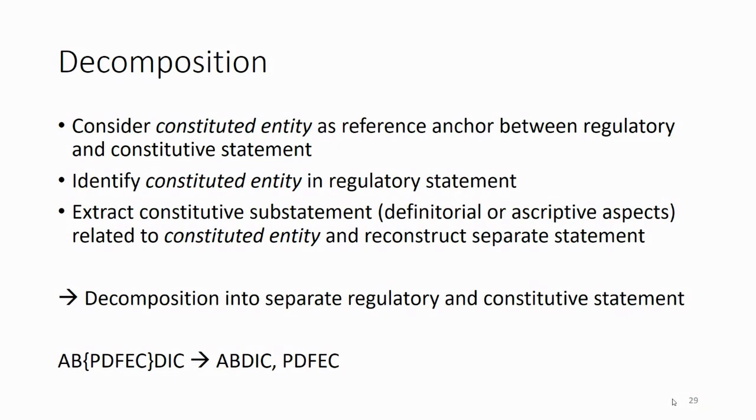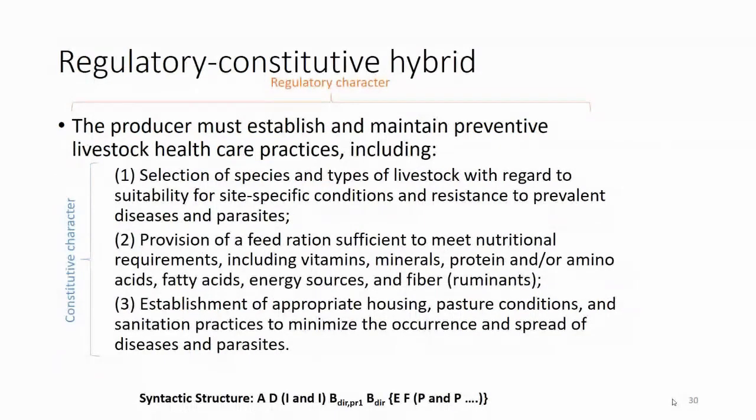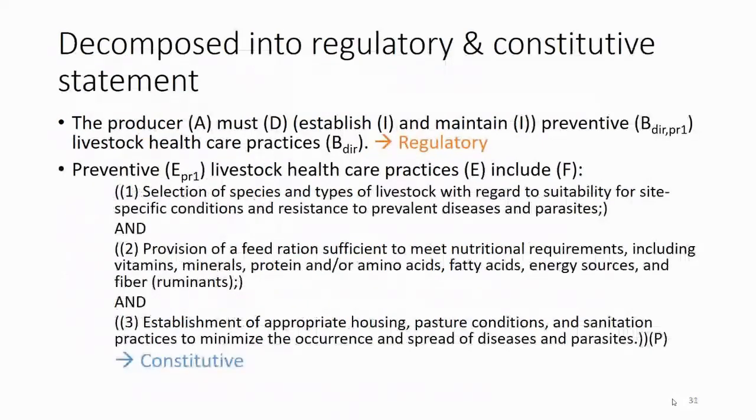So the previous statement, practically, we could look at it and encode it, of course, in slightly different terms. Again, here's the view with respect to the identified differentiation into regulatory structure and the constitutive structure. But if we decompose this, we'll end up with the kind of statement structure that's shown here.